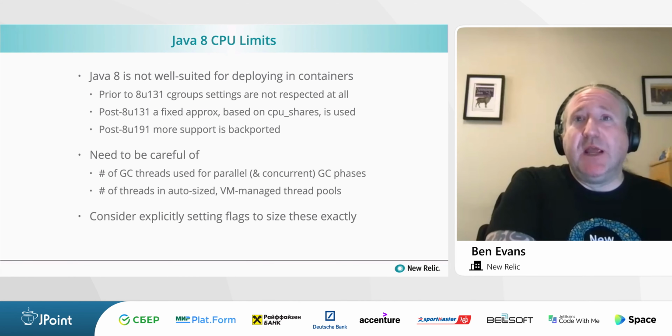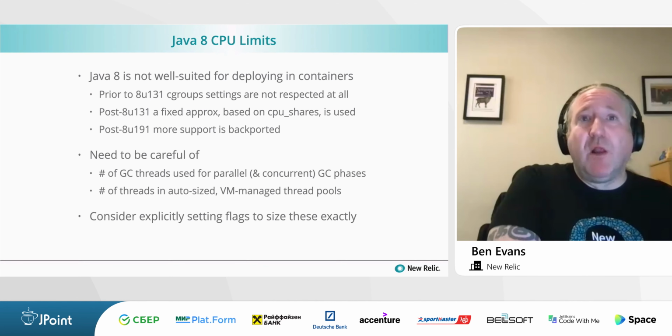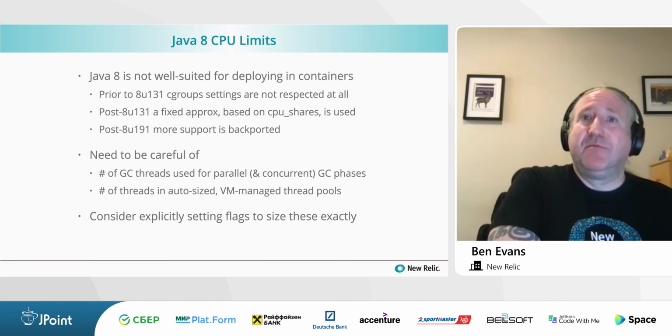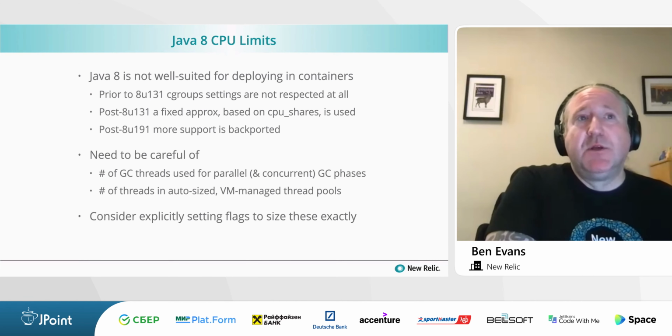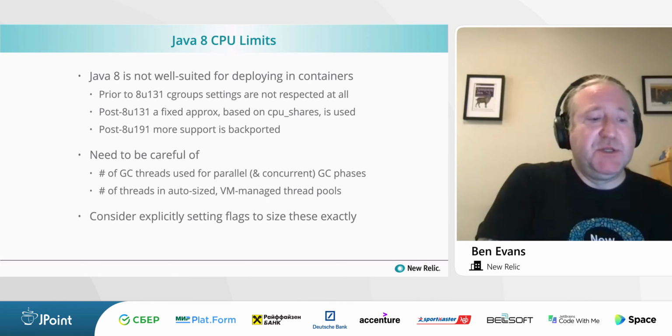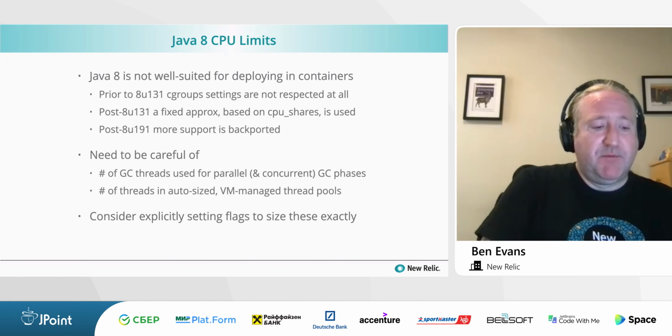Lots and lots of other things in the libraries rely on a sized thread pool. And if the VM numbers are not correct, you won't get the right size pools. So my advice is very much to consider explicitly setting the flags to size those to the exact numbers.